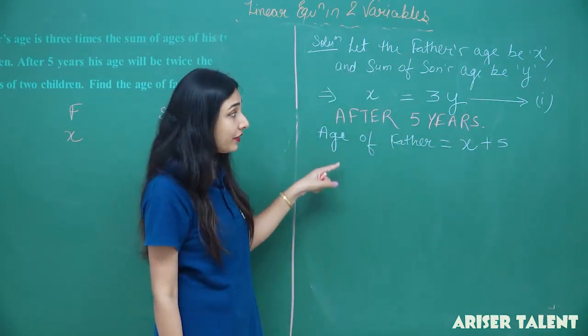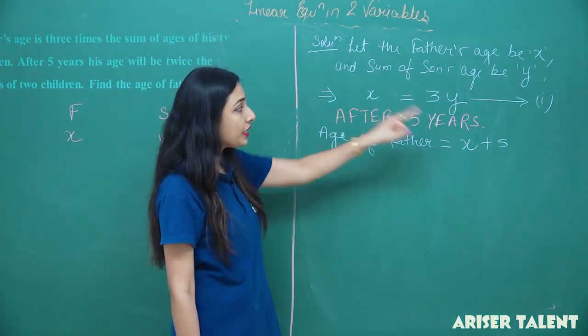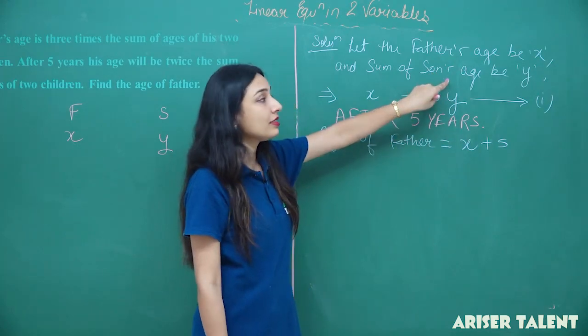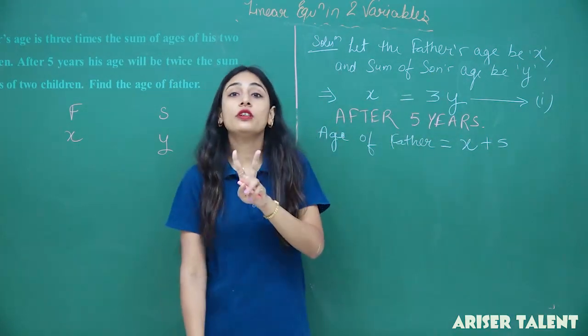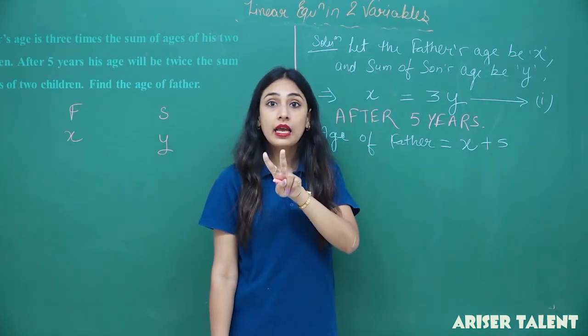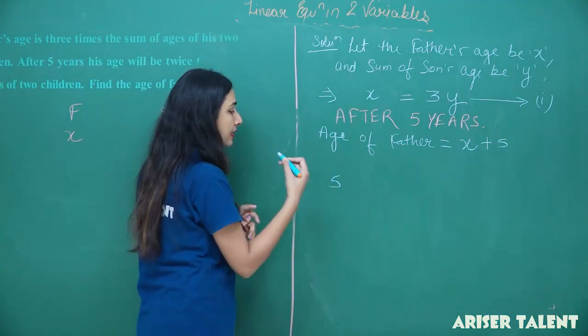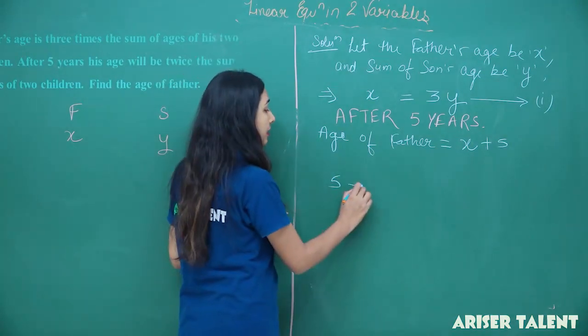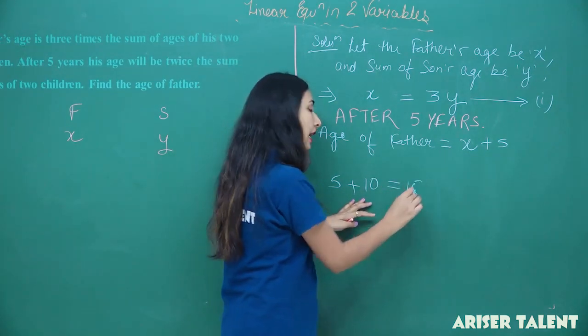Now, there is a trick in that. After 5 years, the summation of the sons' ages, there are 2 sons, am I right? Yes, 2 children. Let's suppose one son's age is 5 and the second son's age is 10. Summation will become 15.